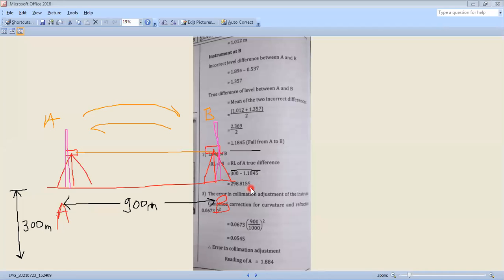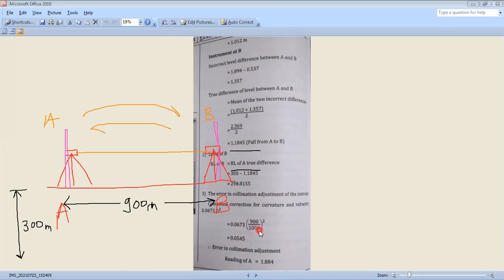So to calculate that error, the basic formula is 0.0673 multiplied by the square of the distance between these two points in kilometer. 900 meter is given, so convert meter into kilometer: 900 divided by 1000 gives the distance in kilometer, that will be 0.9 kilometer.